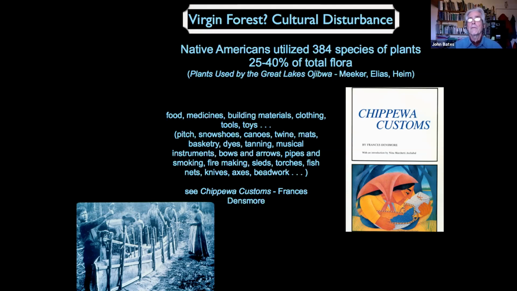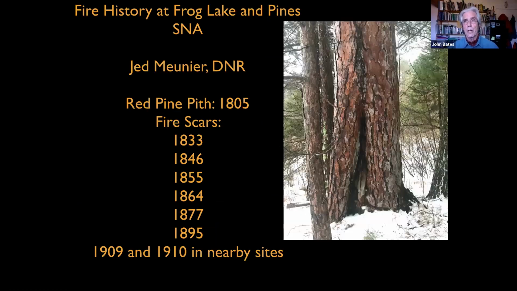One thing that I found very interesting, locally, I live in the tiny little crossroads of Manitowish, population maybe 29 or some such number. And just to the south of us is the Frog Lake and Pine State Natural Area. And it's got some old growth white and red pines in it. And several of the red pines in the stand and white pines have major fire scars on them.